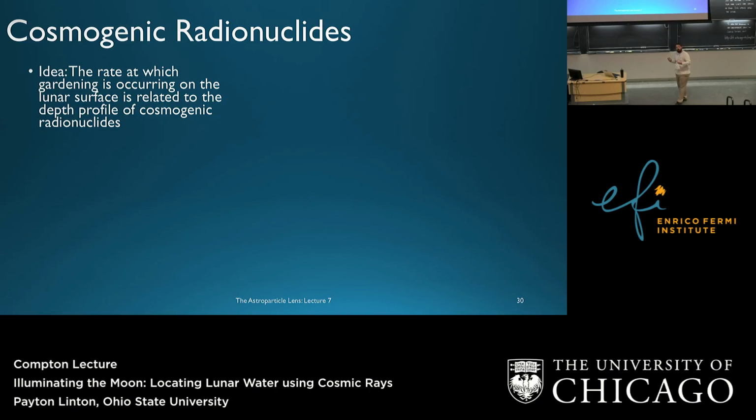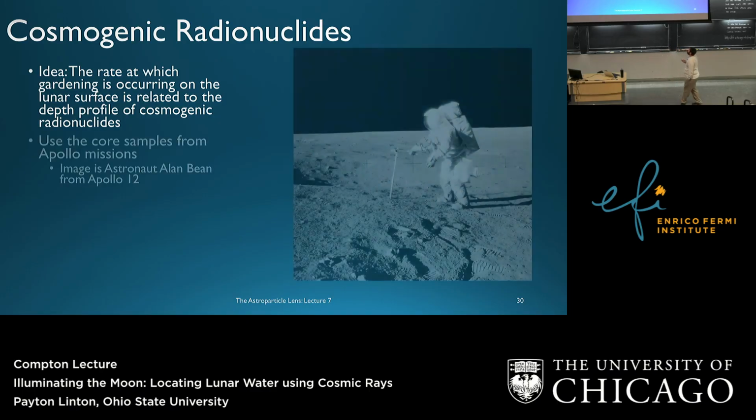So I would expect a lot of cosmogenic material right at the surface, and as it goes deeper and deeper down, less cosmic rays are able to get down there, and so I expect to see less material. But if this gardening process is happening and mixing the material, I would think, oh, there should be a mixture or a constant amount of material, depending on how deep it's rototilling the surface, right?